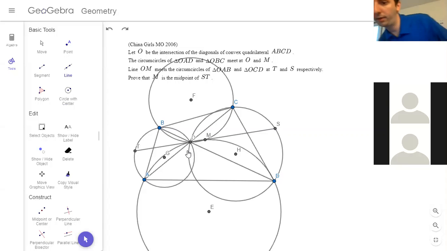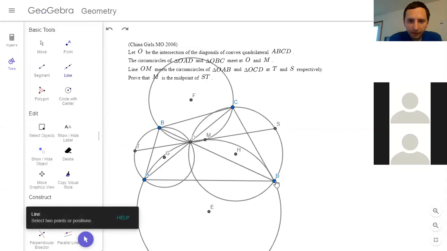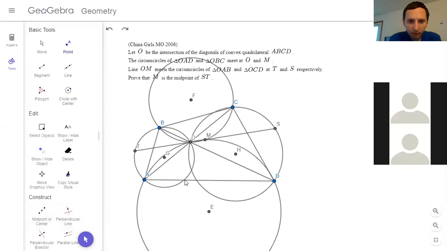All right. Okay. Can you let DA cut the circumcircles of COD and BOA? Can I let DA cut these two points? Sorry. Yeah. There we go. Almost looks like OI is equal to OJ.